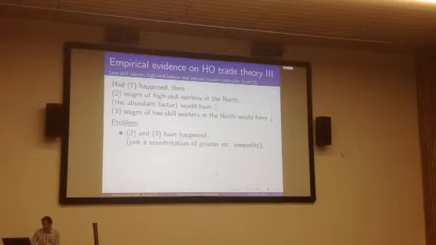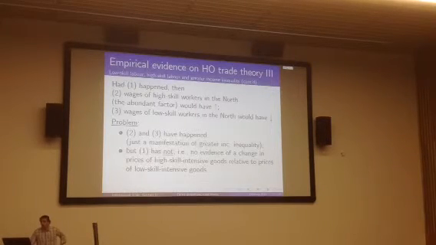The problem is that one prediction has not happened. That is, the change in the prices of final products that would explain this increase in inequality between high-skilled and low-skilled workers simply hasn't happened.